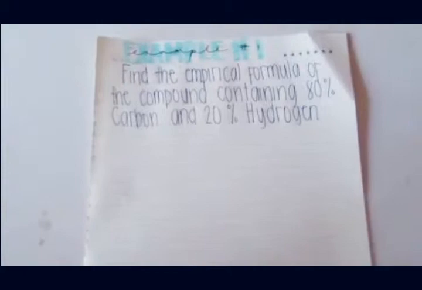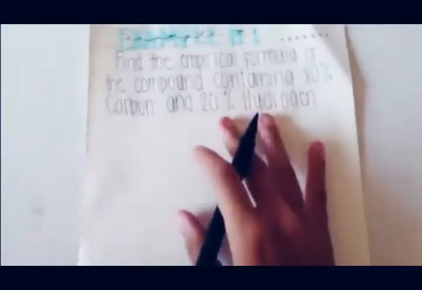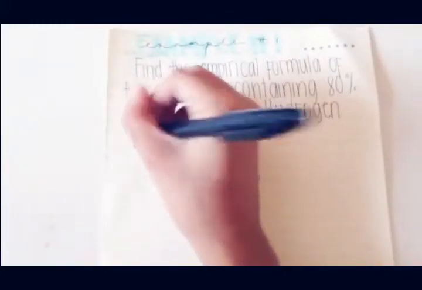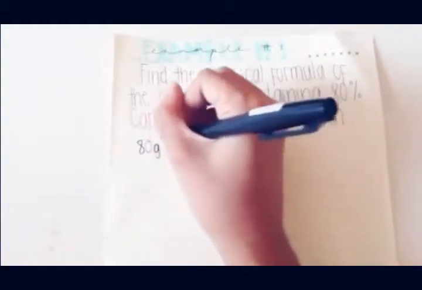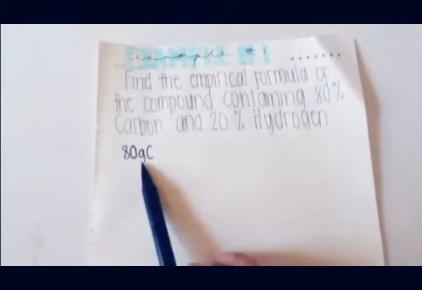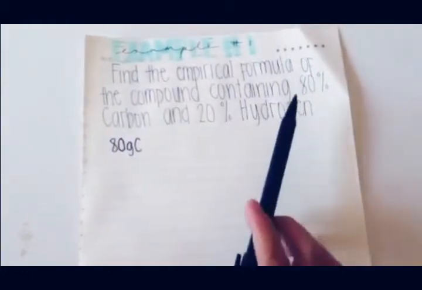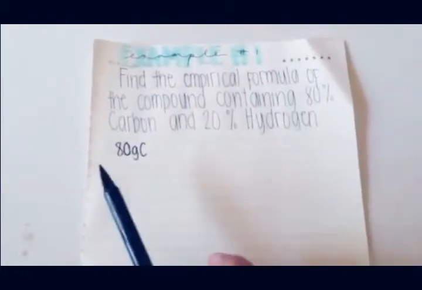So first thing is we have to write first the carbon, which is 80 gram carbon. Note that we have to convert the percent to grams.